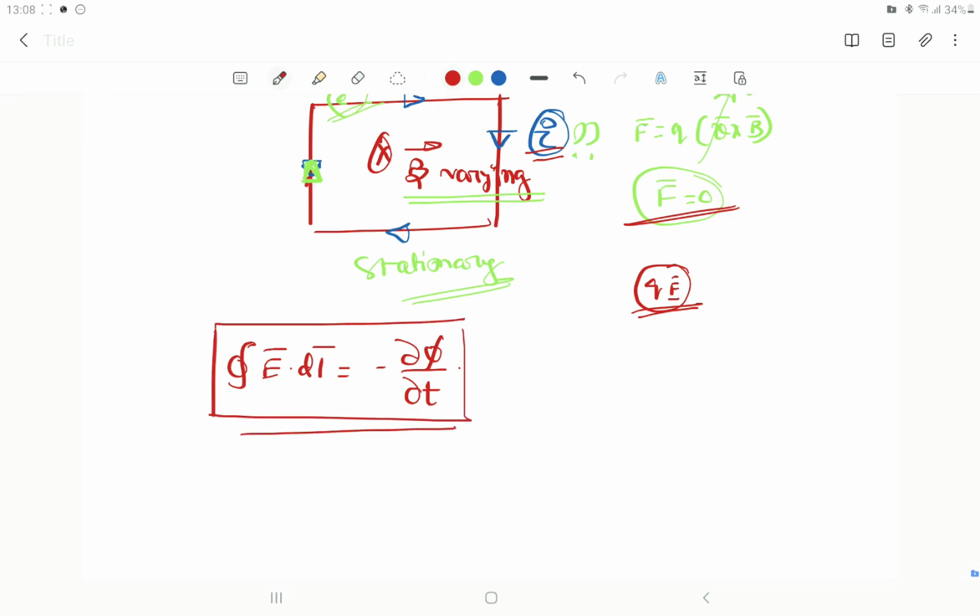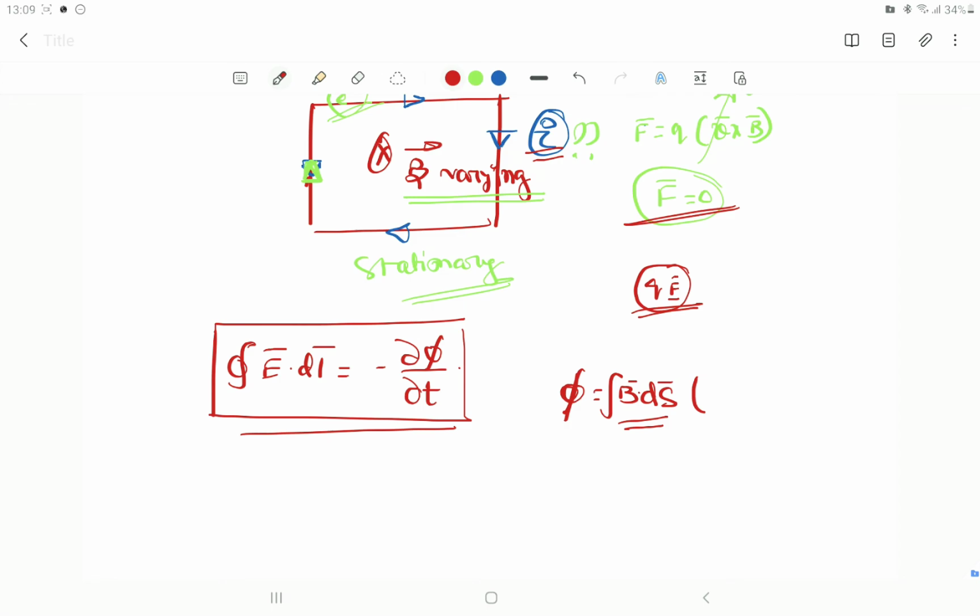Okay, it's a basic equation. Now we all know that this is the equation of flux, and this integration is performed over an arbitrary surface stretched over the loop we are interested in.